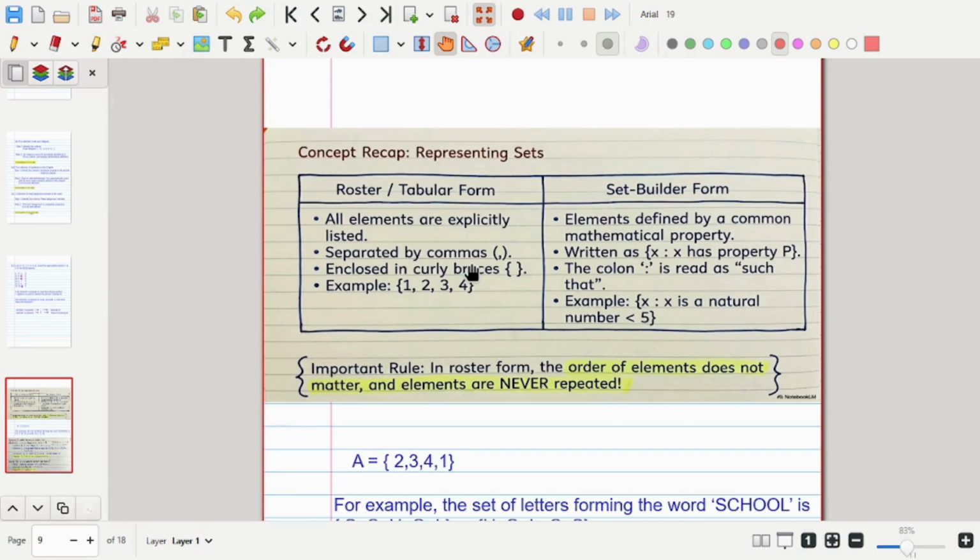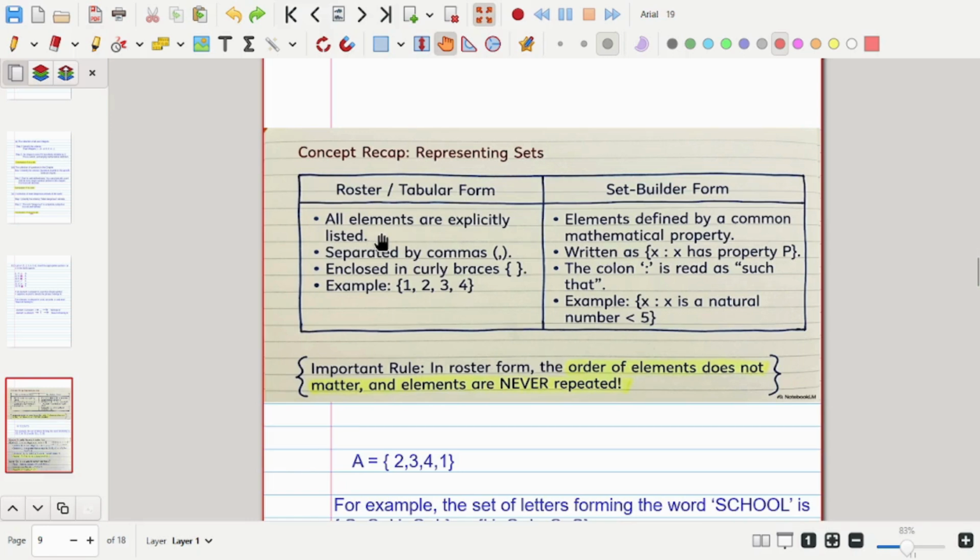A set can be represented in two forms. One is the roster or tabular form, and the other is the set builder form. There are a few rules for the representation of sets. Let's see the rules for the roster or tabular form.